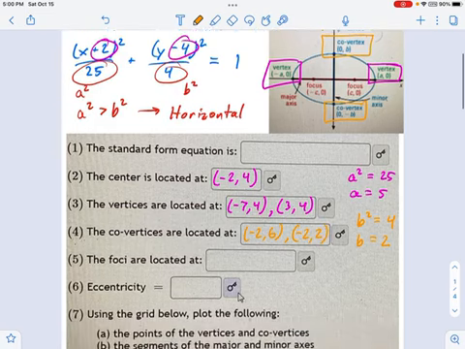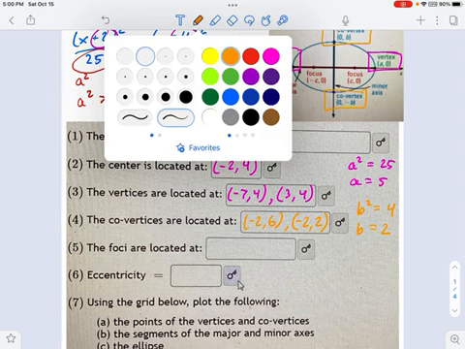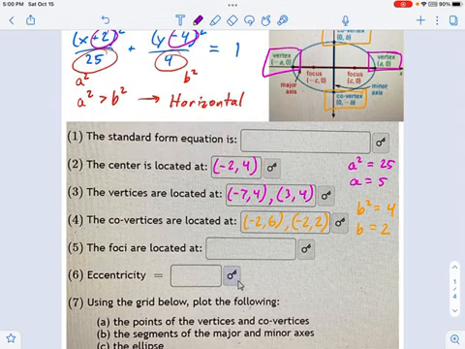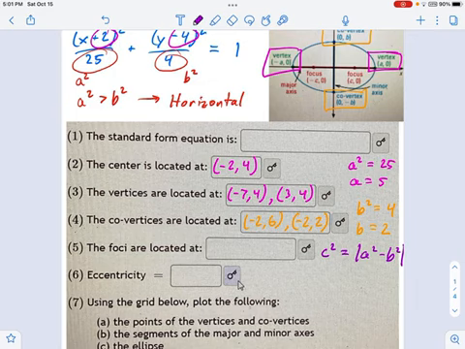And now where are the foci located? Well, the foci, and this is sometimes a hard equation for people to remember, c squared is equal to the absolute value of a squared minus b squared. And that equation, you can use for both horizontal and vertical ellipses, because this absolute value symbol right there takes care of the case when a is greater than b and when b is greater than a.